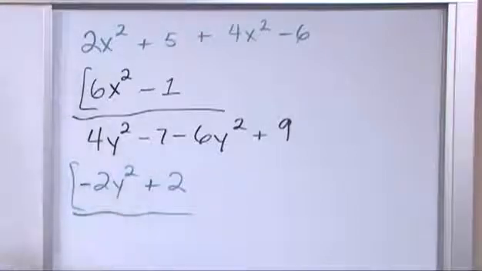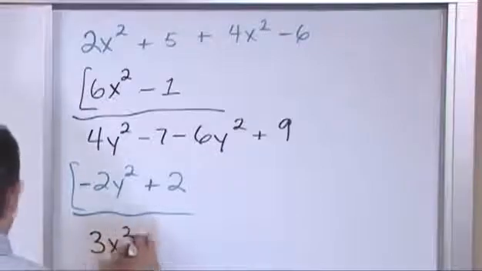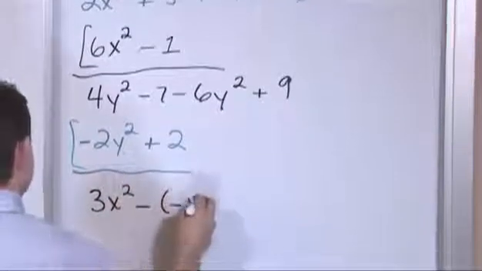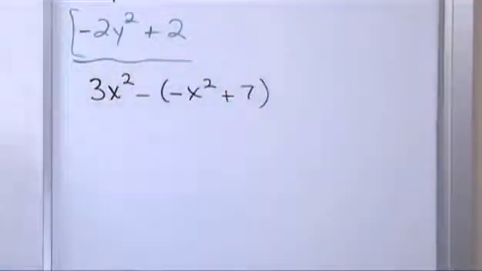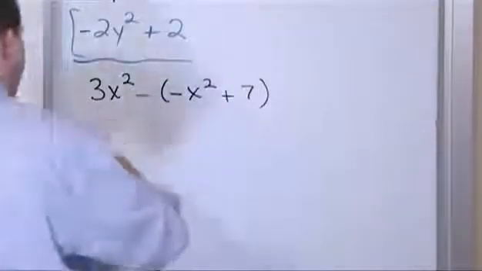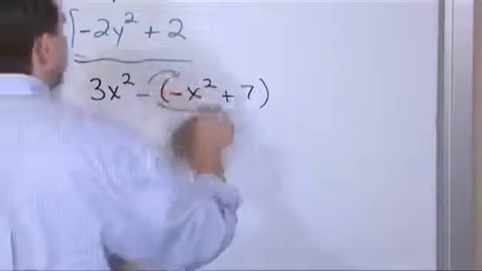All right, what if we have 3x squared minus negative x squared plus 7? So here we're kind of combining two things because we have this parentheses and we have this negative out front here. So we're going to distribute this negative 1 to both places.